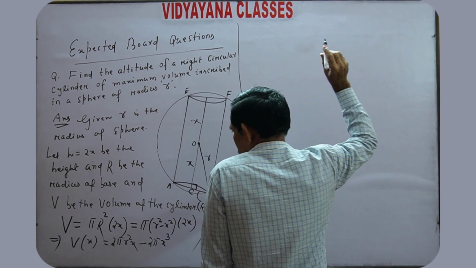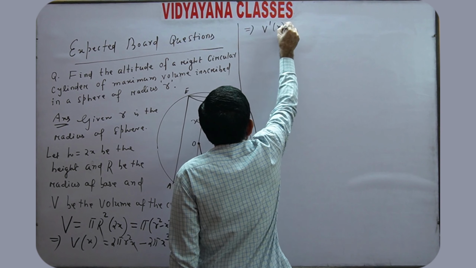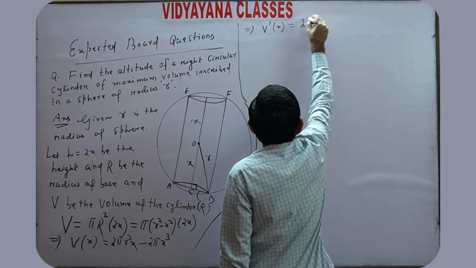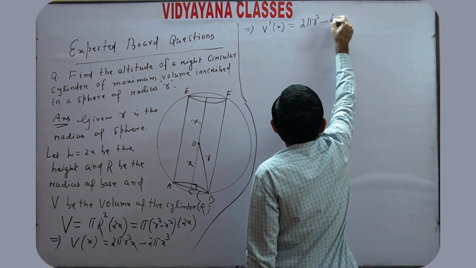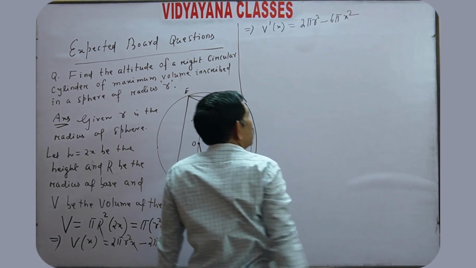Differentiating both the sides with respect to x, V dash x is equal to 2 pi R square into 1 minus 6 pi x square. Clear?